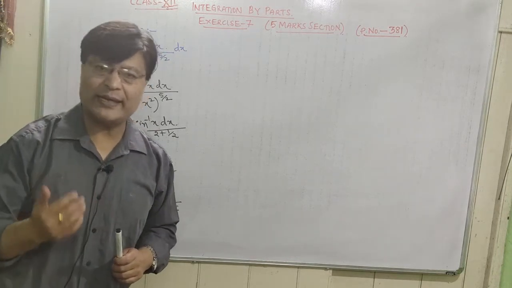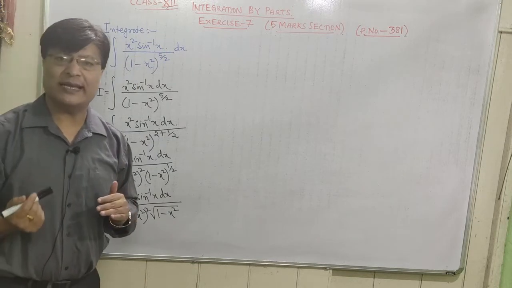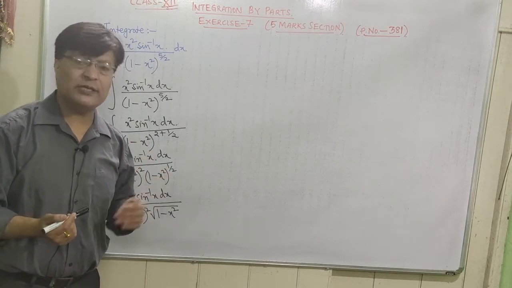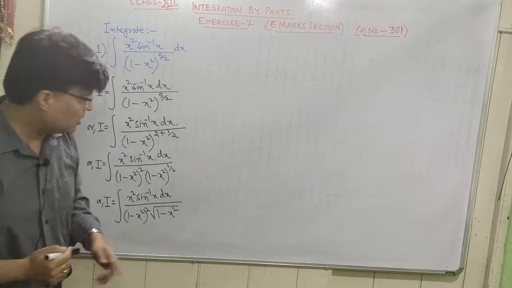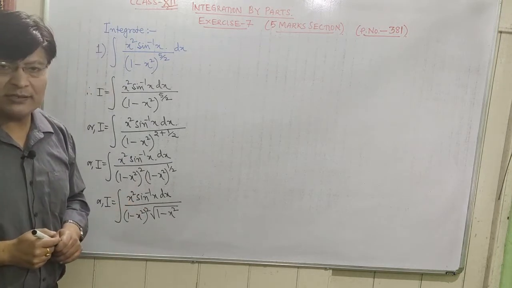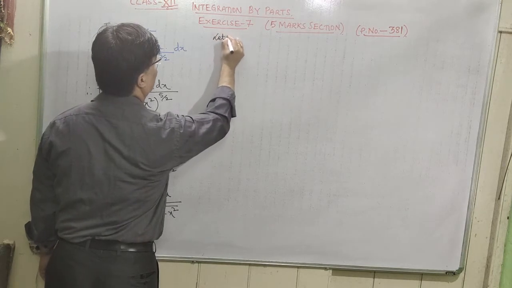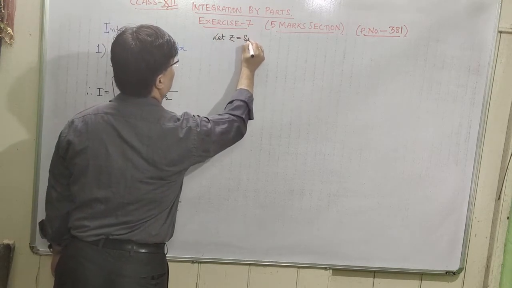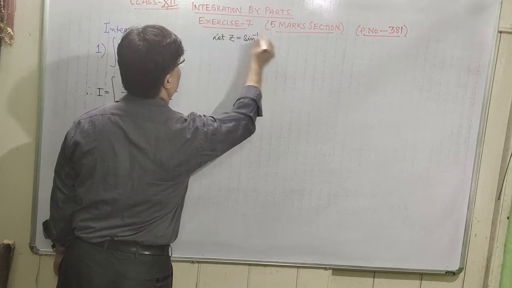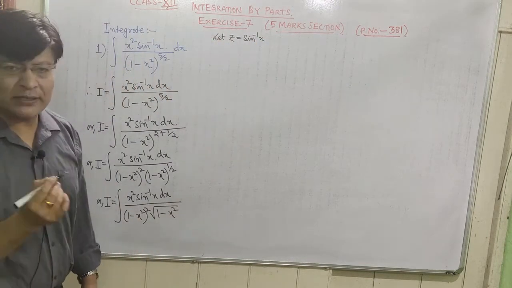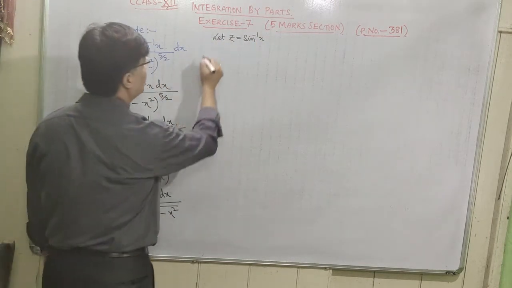Is that clear? Now you can do the method of substitution in this case. We can assume sin inverse x as z, because the differentiation of sin inverse x with respect to x is 1 upon root over 1 minus x square, right? So let z is equal to sin inverse x. Now what will you do? You can differentiate both the sides with respect to x.